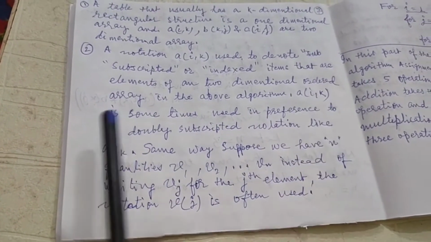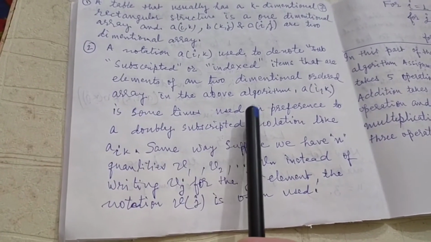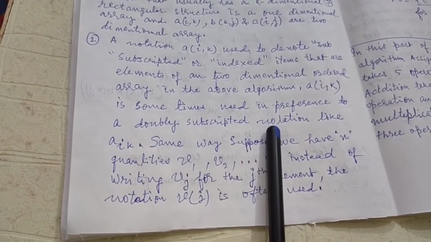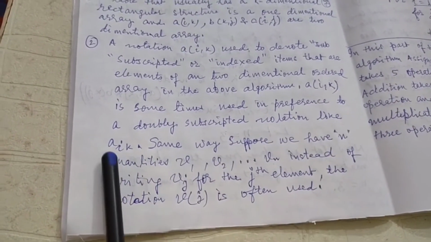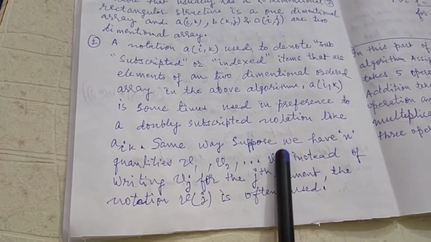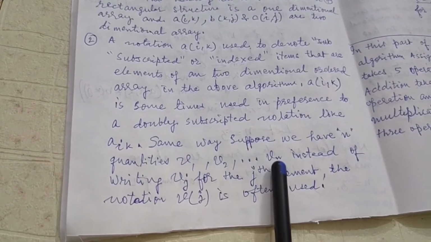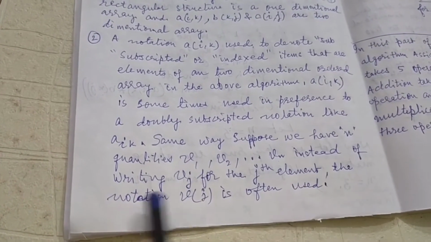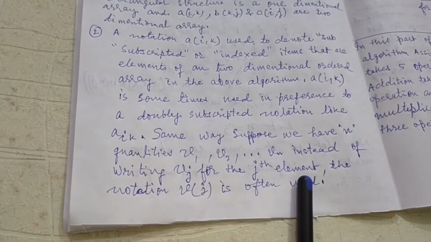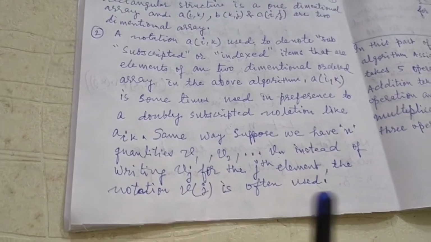A_ik is sometimes used in preference to a doubly subscripted notation like A[i][k]. In the same way, suppose we have n quantities v1, v2 up to vn. Instead of writing v[j] for the jth element, the notation v_j is often used.